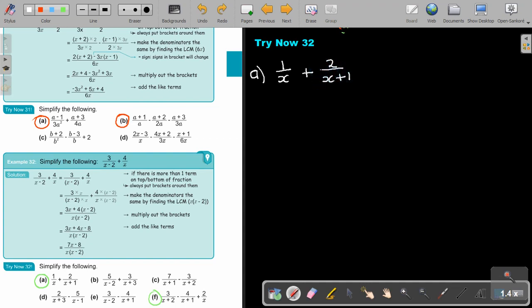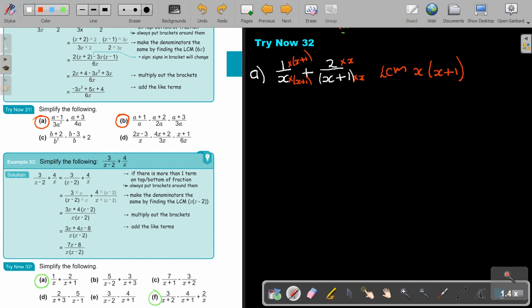Okay, so in this case, again, put your brackets. What is your LCM? It's the single x plus the bracket x plus 1. And again, if you want to see with what you must multiply, take this, divide by x, cancel. So I must multiply by the bracket x plus 1, I must multiply by x.